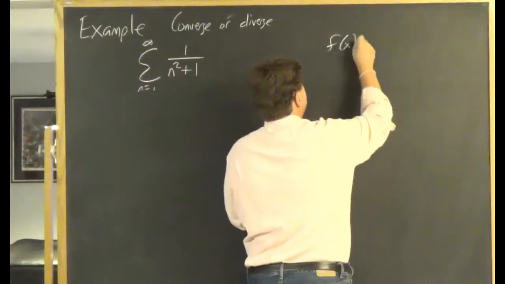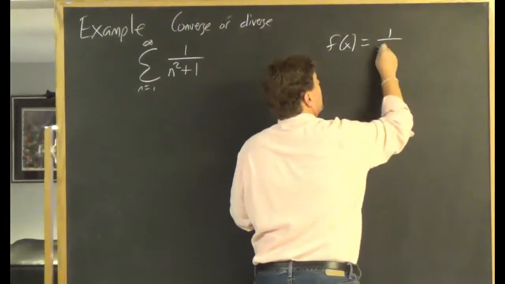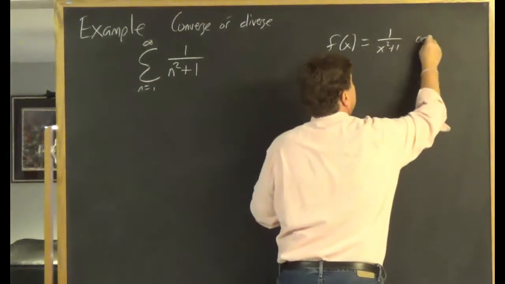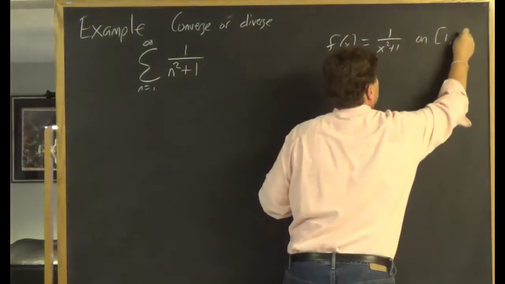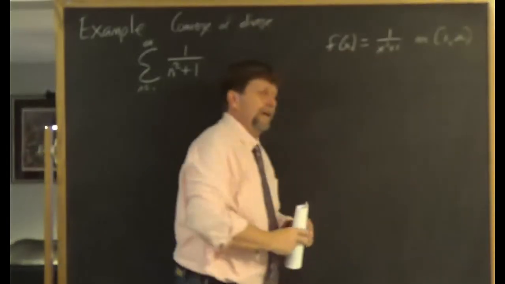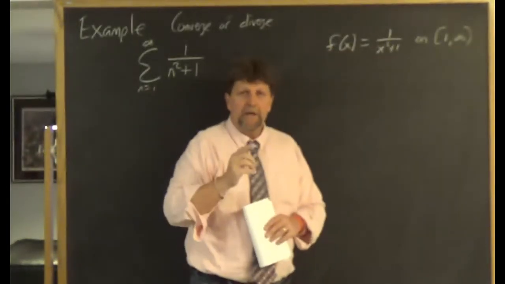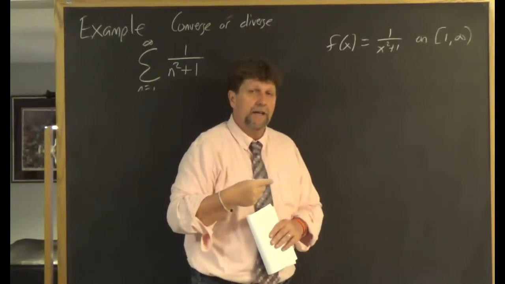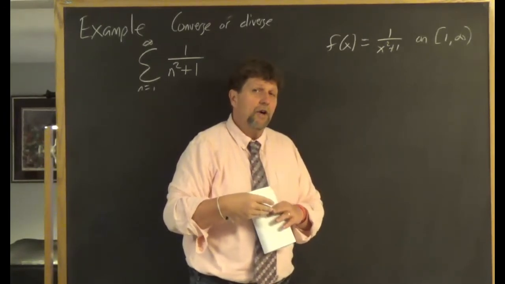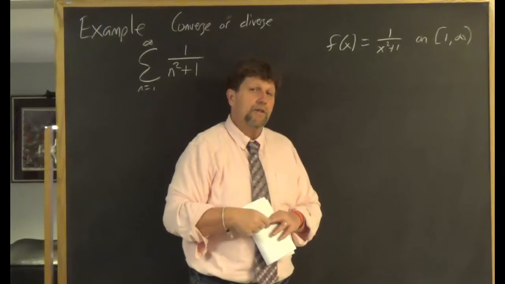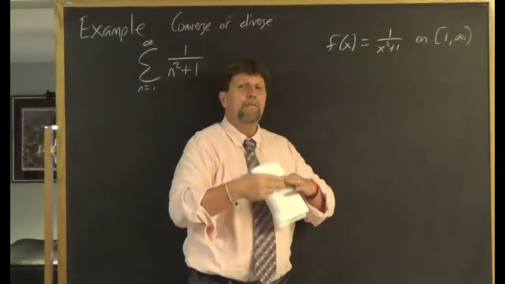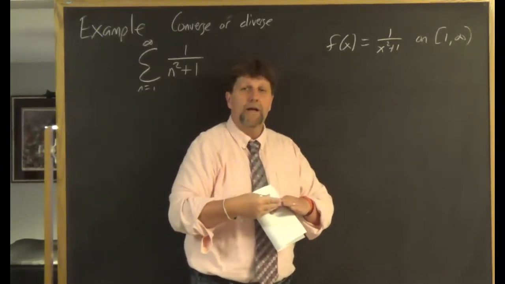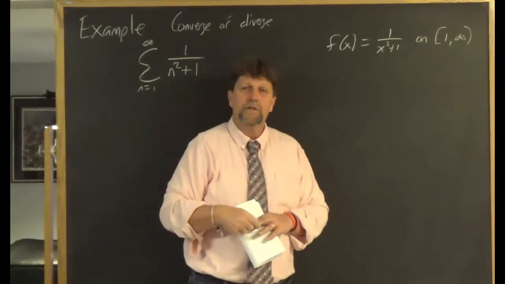If I look at the function 1 over x squared plus 1 on the interval 1 to infinity, and I make sure that that function is positive, continuous, and decreasing on that interval, I know I can quickly integrate this function over the reals. That means I should be able to crank this through the integral test.